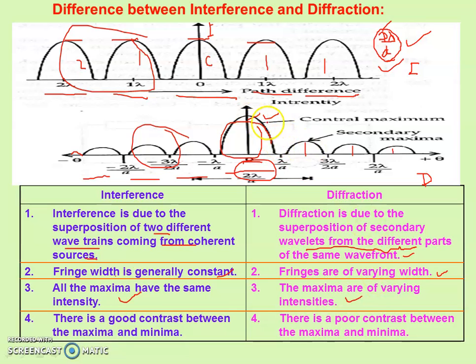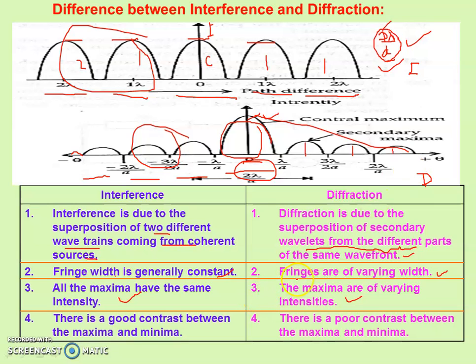Now see this graph, the intensity decreases with order. As order increases, intensity is decreasing. So the intensity of the central maxima is highest, the first secondary maxima is lower than the central one, the second secondary maxima has intensity lower than the first secondary maxima, and so on. Means intensity goes on decreasing with order.